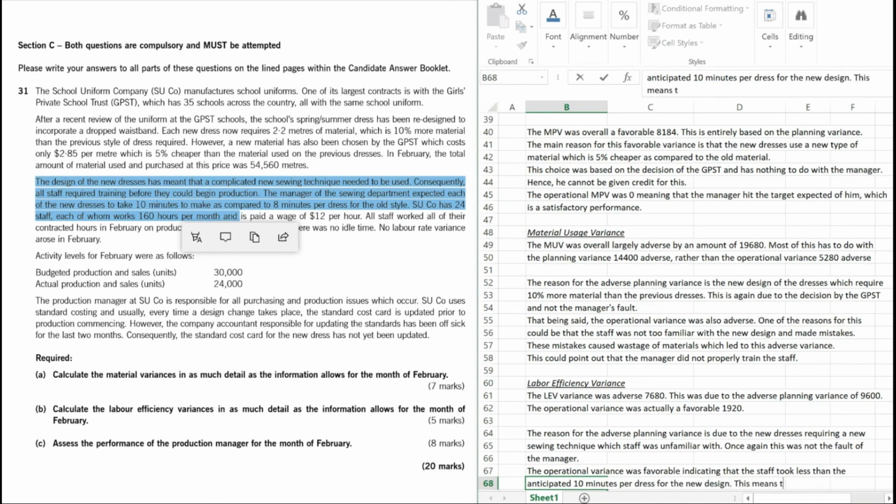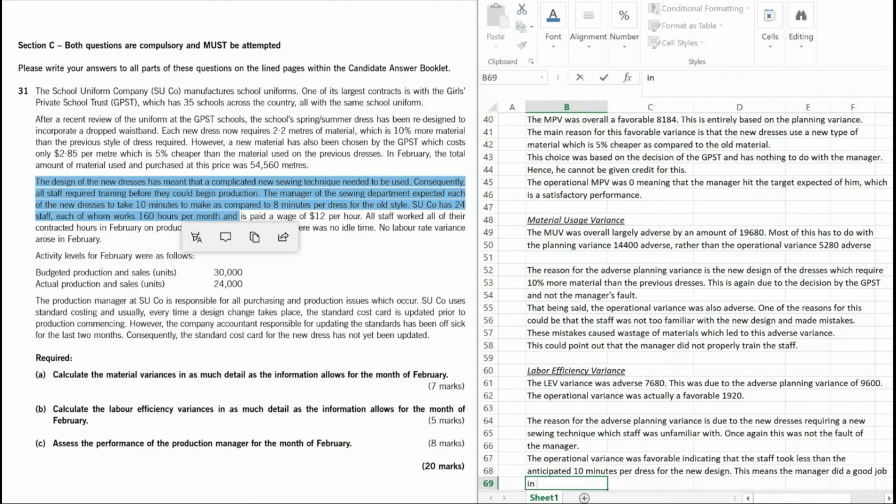This means the manager did a good job in training and pushing them to get the work done on time.